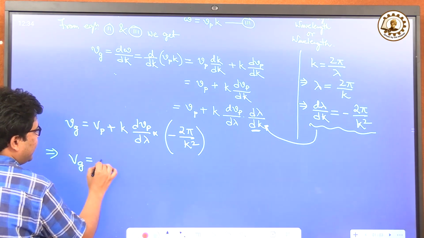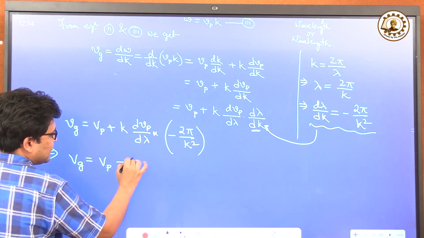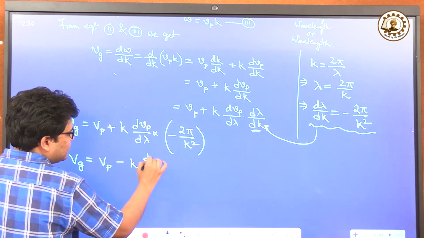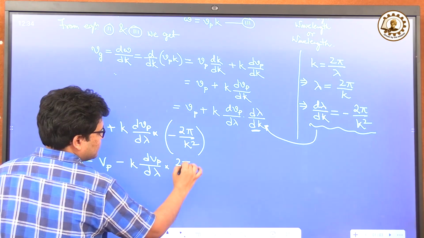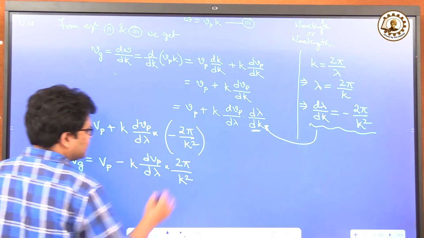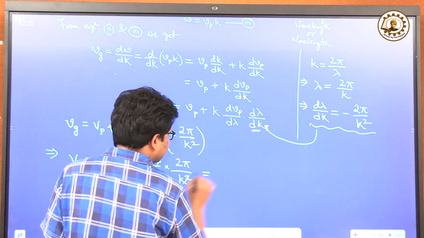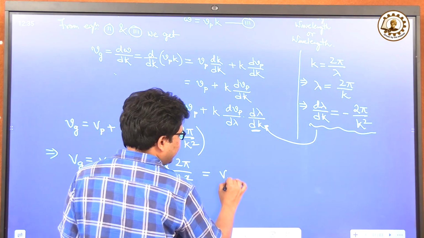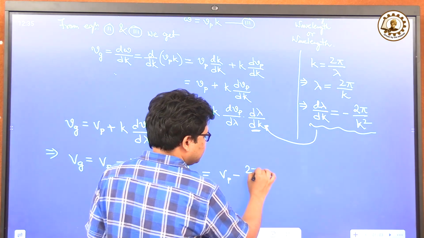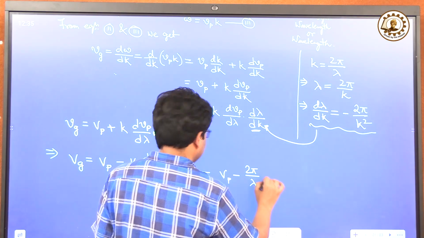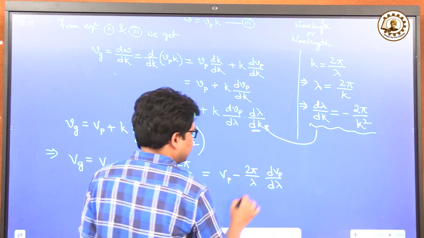So as a result we have Vg equals Vp plus minus minus k dVp by d lambda into 2 pi by k squared. So this k and this k squared cancel out. So we have Vp minus 2 pi by k dVp by d lambda.